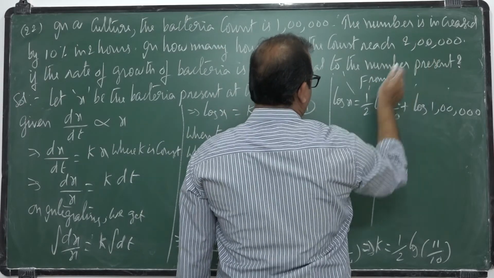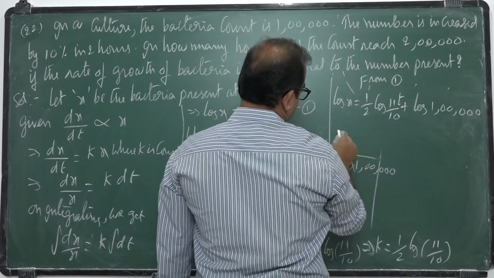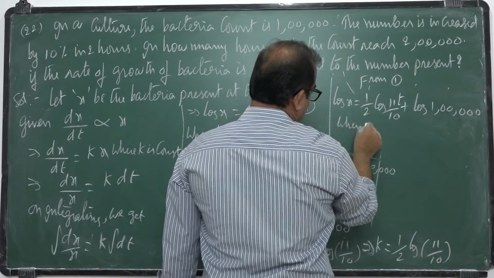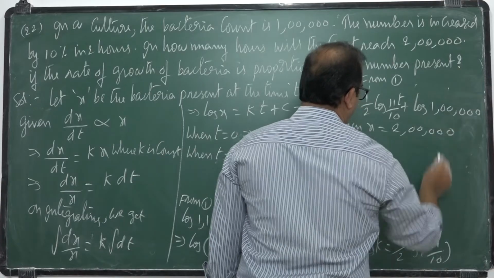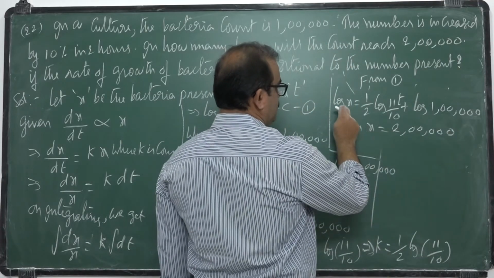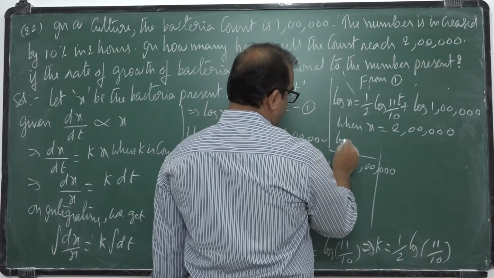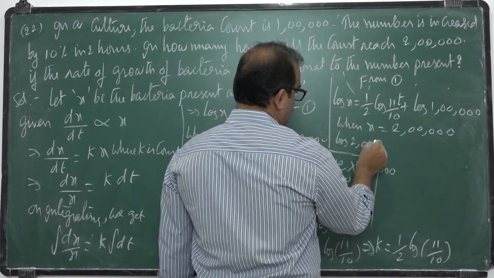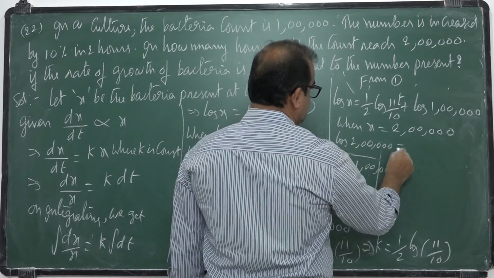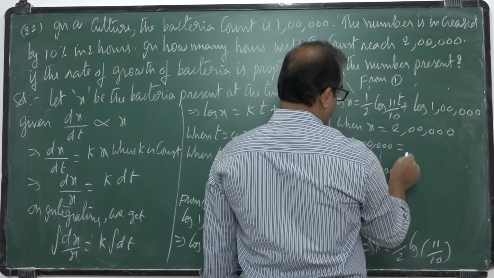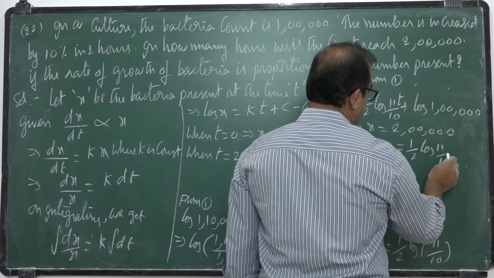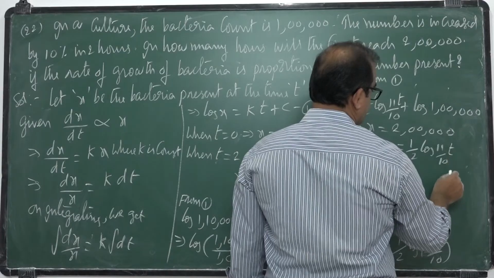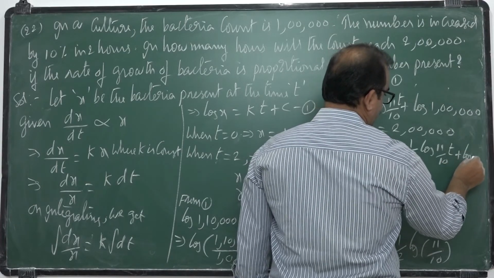Count becomes 2 lakhs, x becomes 2 lakhs. When x is equal to 2 lakh, find t value. Substitute x value here. Log of 2 lakh is equal to 1 by 2 into log of 11 by 10 into t plus log of 1 lakh.